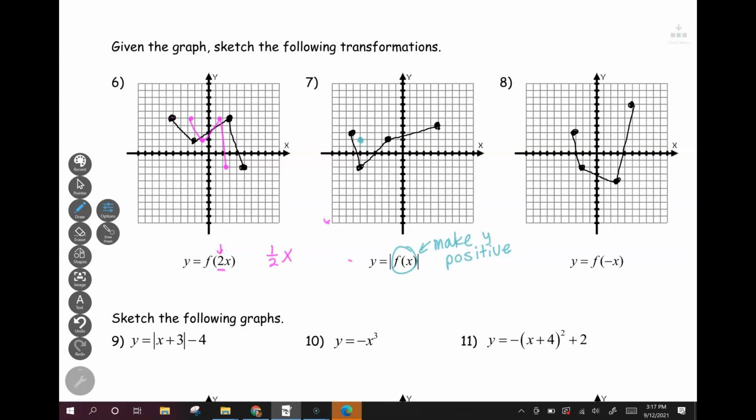So here's the new point. Anything that's below the x-axis, you're just reflecting it over. Okay, and then we want to trace the rest of the graph. Okay, so that's your new graph. That is the absolute value of that function, just making anything that was negative positive.